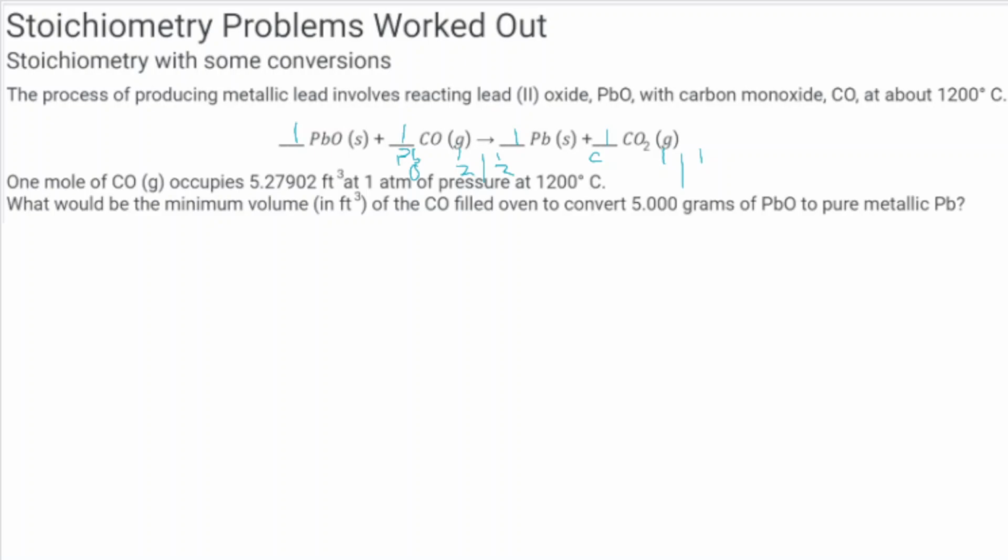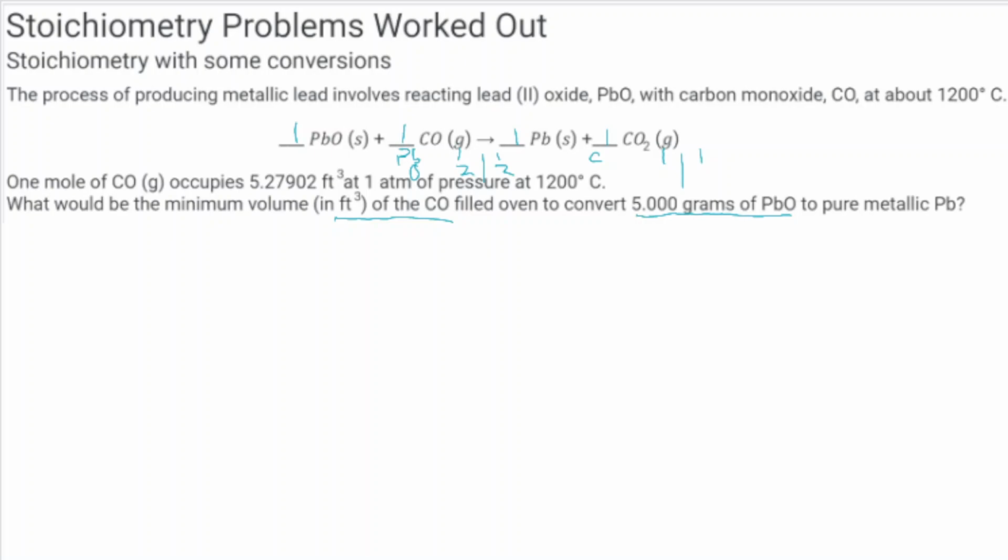All right, so we want to try to find the variable. And the variable in this case is going to be the 5.000 grams of lead oxide. And what we're trying to look for, it says what would be the minimum volume in cubic feet of the CO filled oven. So we're looking for essentially cubic feet so that we can hold enough carbon monoxide in there.